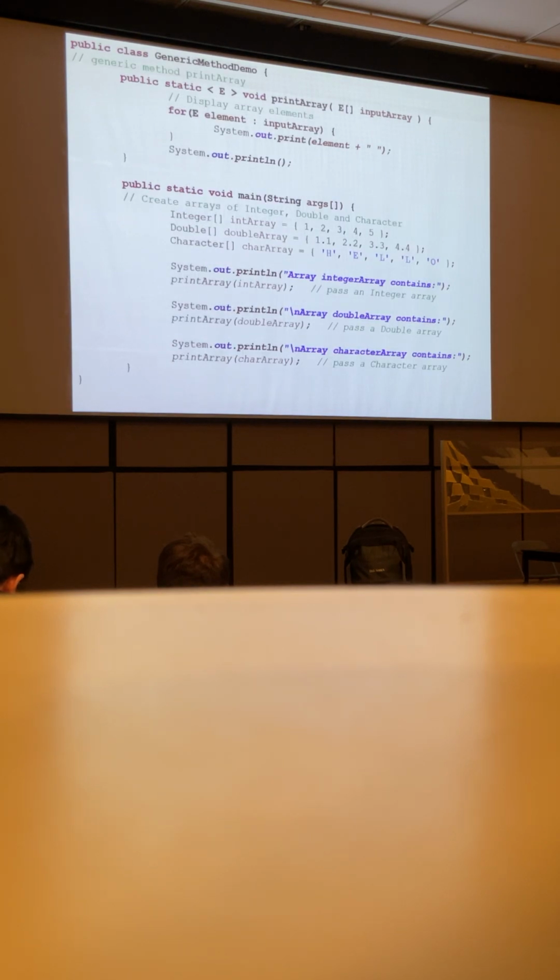Here is a short example where we are trying to come up with a universal method that can print elements of any array regardless of the type. That's why we make this printArray method generic. So this is the declaration of the type parameter. But note the class that printArray is in is not generic, and there's nothing in here. So it's not a generic class which has a generic method.